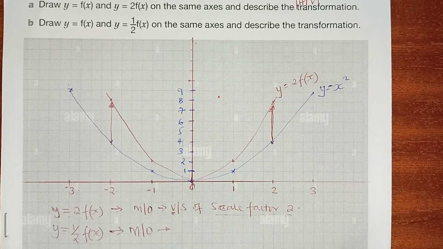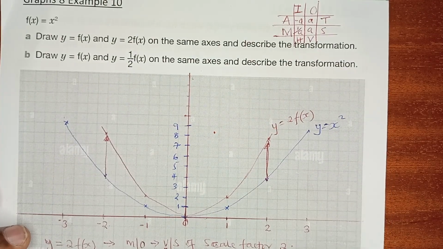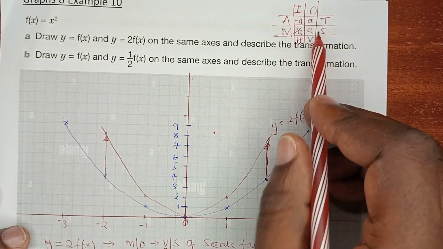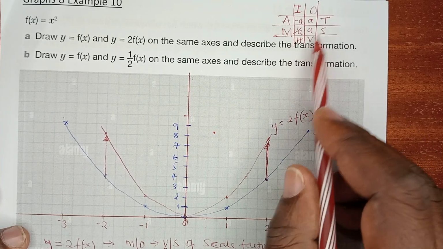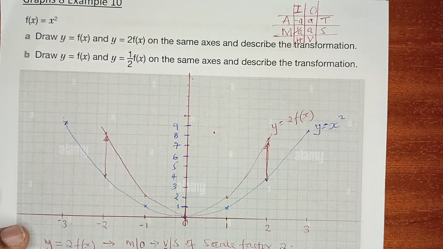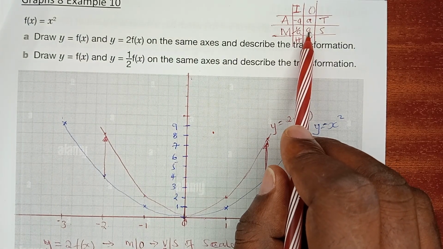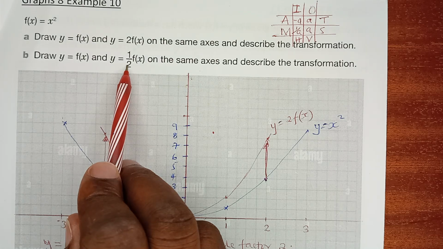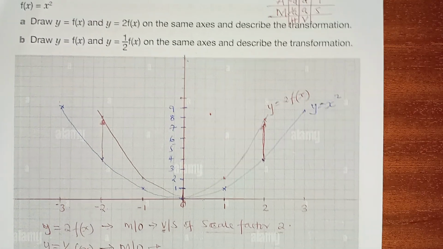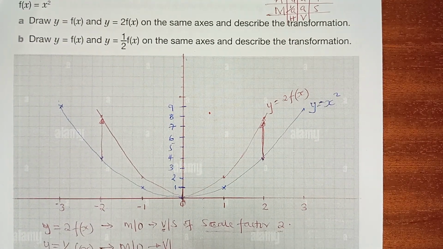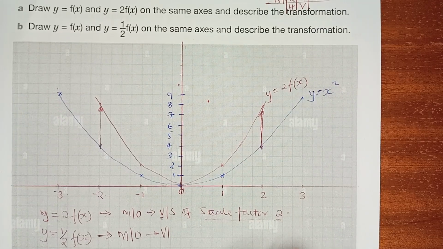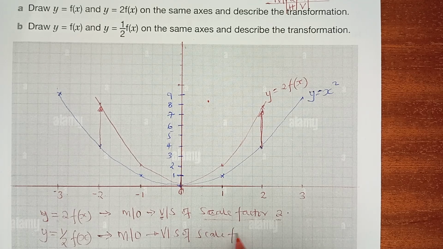Multiplication outside, as you can see again in our Mayo table, is a vertical stretch of scale factor a. Our a here is a half. This is a vertical stretch of scale factor a half.